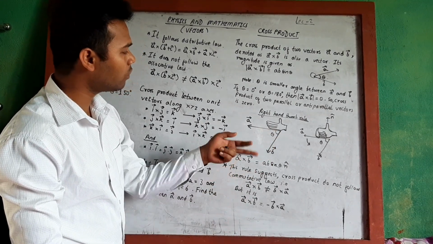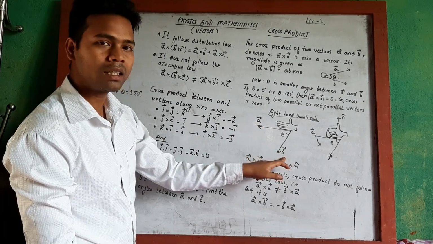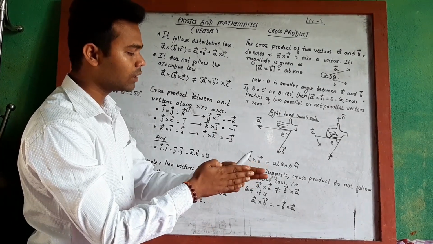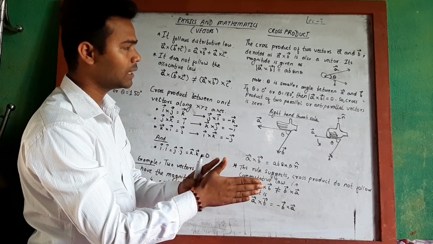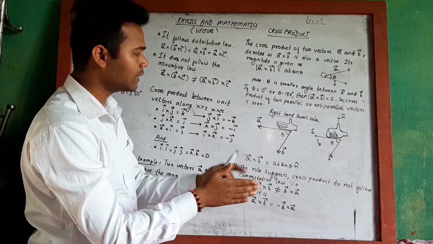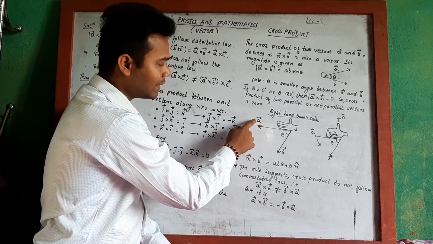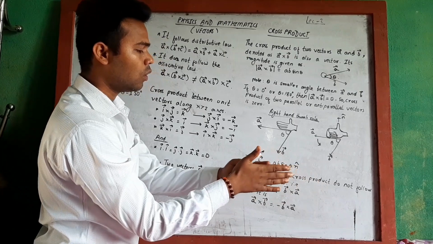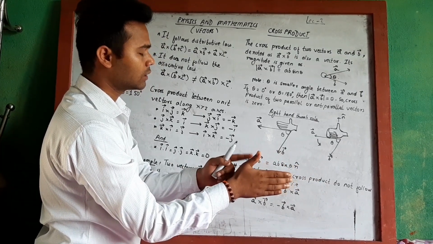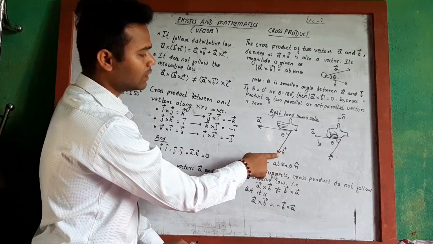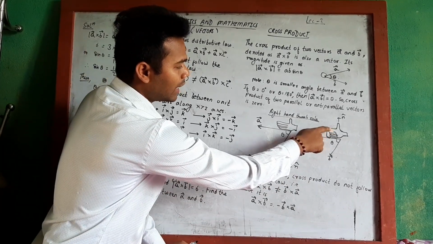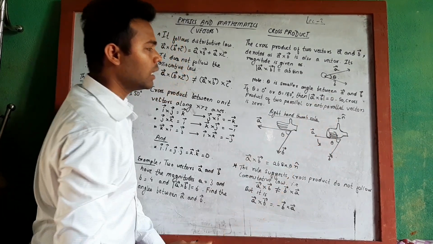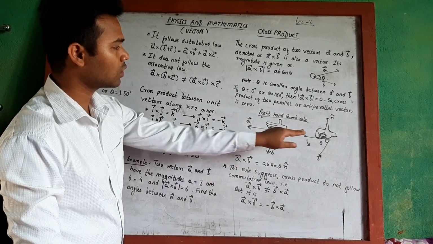If we want to find the cross product of a vector and b vector, then we first put our palm facing upward with all the fingers except the thumb pointing towards the first vector, that is a vector. And if we curl all the fingers except the thumb towards the next vector, that is b vector, then the thumb in the upward direction gives the direction of the cross product of the vectors.